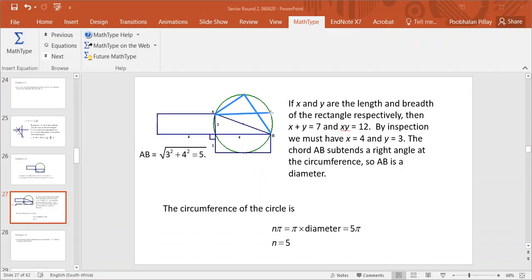Rather remarkable fact. Can you see? No matter where you choose a point, that angle will always be a right angle.